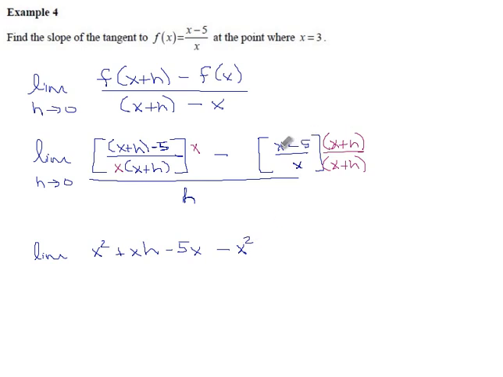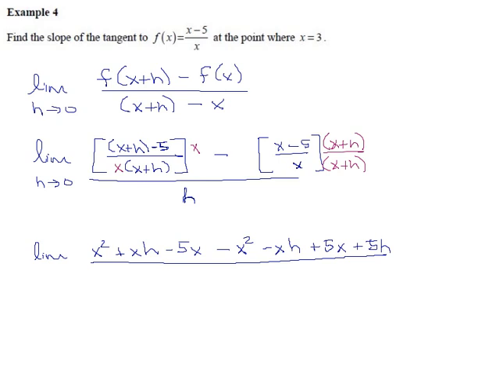I have to FOIL here, so x times h with a negative on it. Negative 5 times x with another negative on it, that's plus 5x. And negative 5 times h is minus 5h, then another negative on it, so plus 5h.